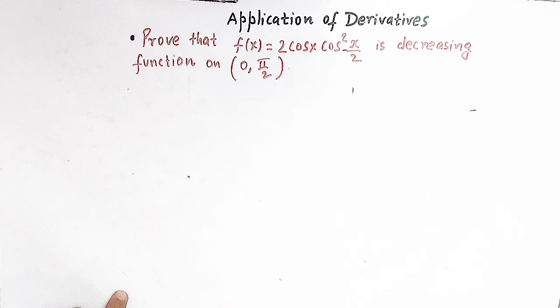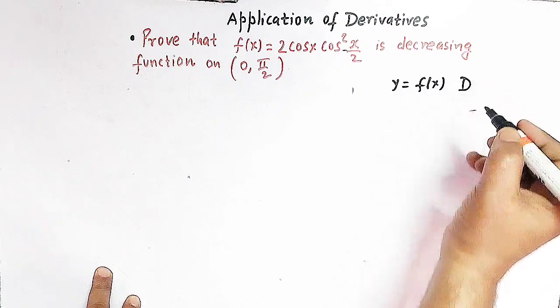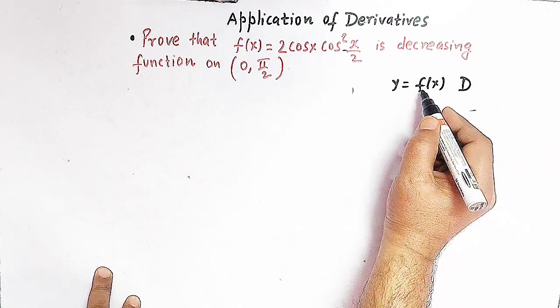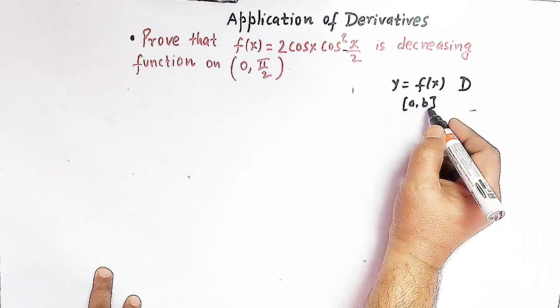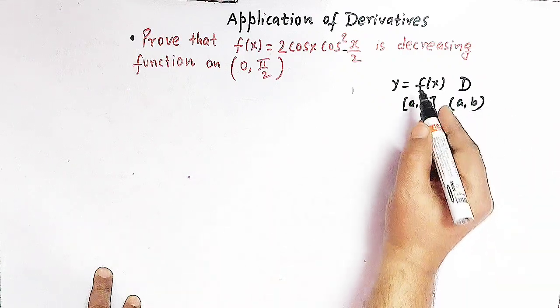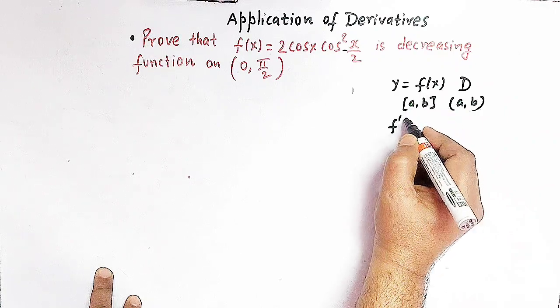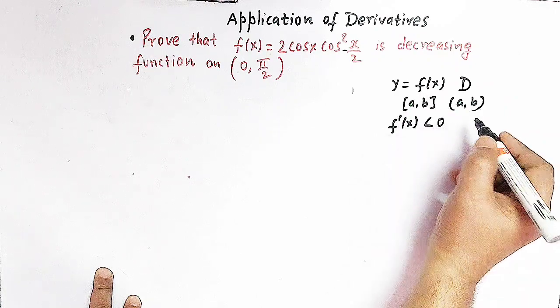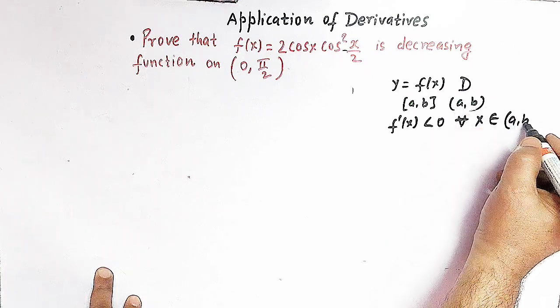So here we'll take up the definition of decreasing function in terms of derivatives. So suppose we have a function, say y is equal to f of x, which is defined in some domain D, and if f of x is a continuous function in the interval, say a comma b, and it is derivable in the open interval a comma b, then this function is said to be a decreasing function if the derivative, that is f prime of x, is less than 0 for all x belonging to this interval, that is a comma b.